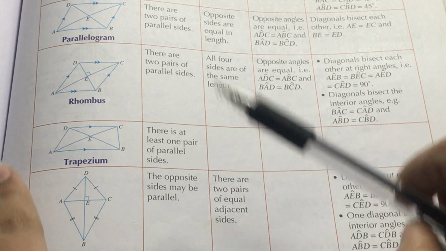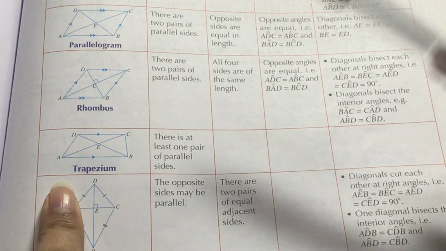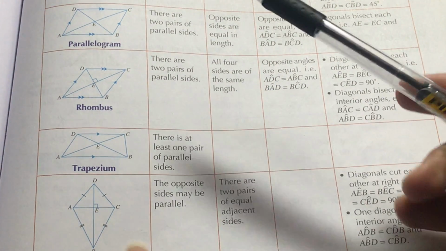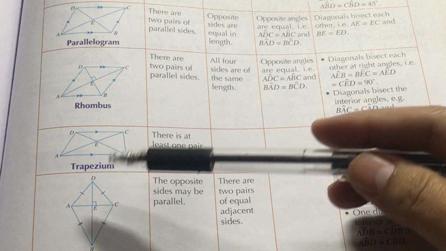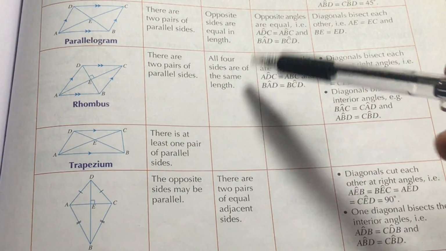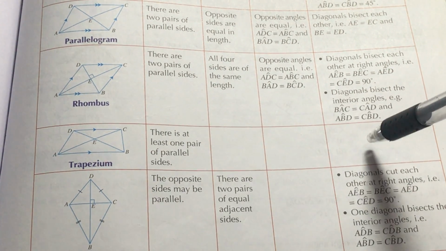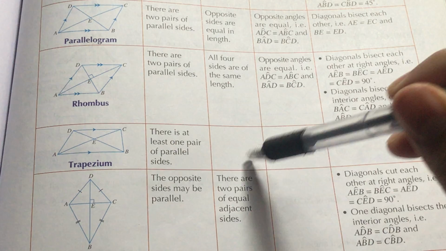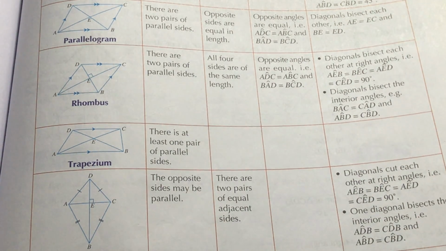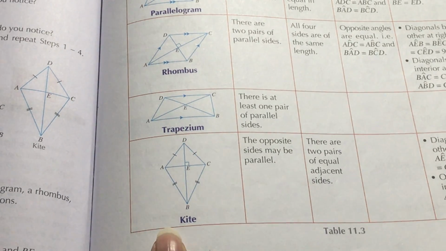We have no specific rule like we have in the other quadrilaterals, right? So the property that is fixed for a trapezium is only one pair of parallel sides. The rest of the properties according to the equal sides, interior angles or diagonals are not fixed for a trapezium. They will vary according to the shape, right? Okay.